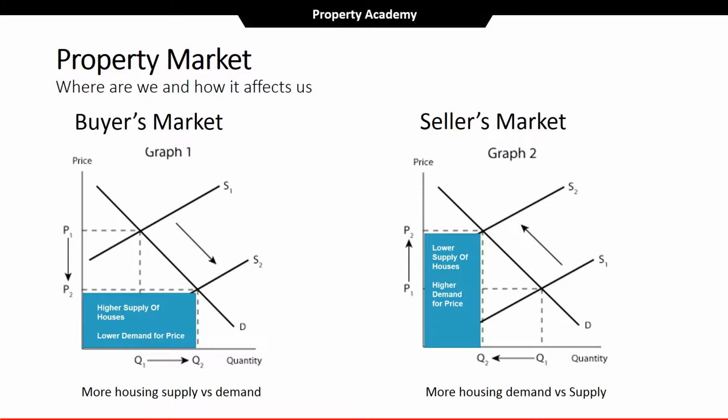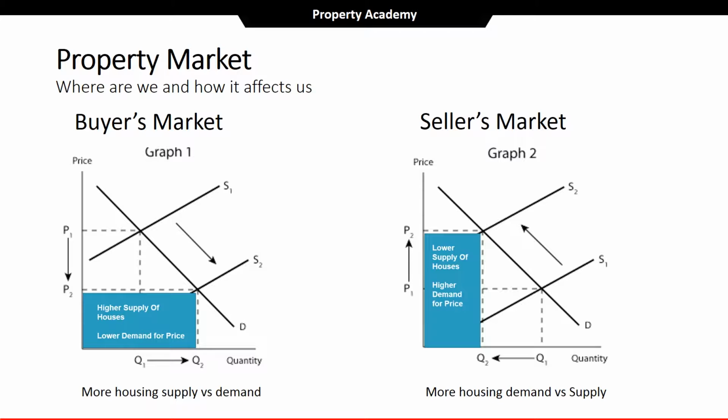And that can be the same for a seller's market. If, again, it doesn't really matter on the quantity of homes, because if there's a ton of finance available and it's very easy to get for everyone, well, guess what? Everyone's going to be going out there and gathering finance and buying a lot of property, which shoots the prices up. And sellers can't keep up with all the demand, and there might not be enough stock.